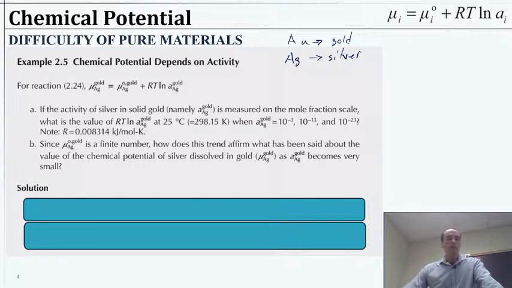So if the activity of silver in solid gold, which is that activity term there, is measured on the mole fraction scale, what is the value of RT ln of A at 25 Celsius when that activity is 10 to the minus 3, 10 to the minus 13, and 10 to the minus 23?